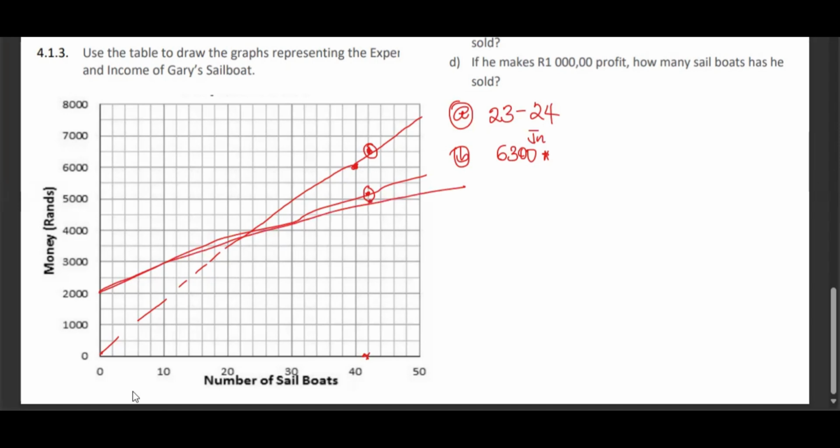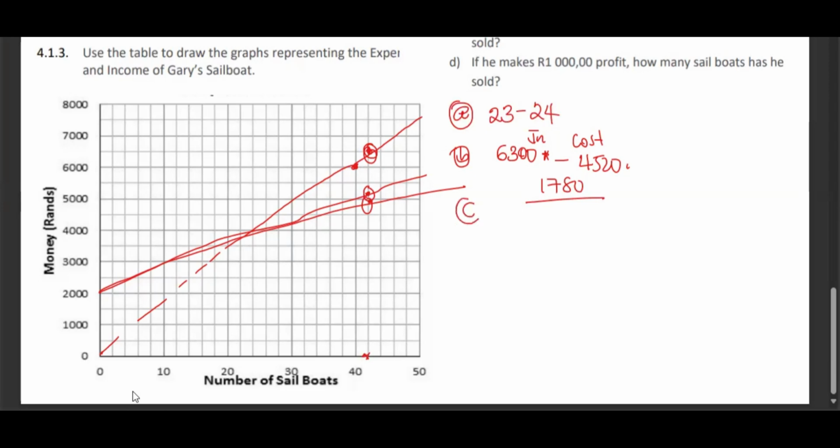You get the cost. The profit is approximately.